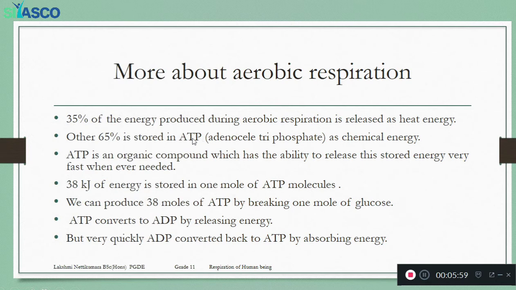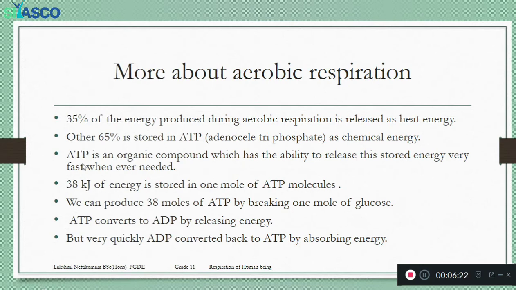Tri means three phosphate groups are there. Adenosine triphosphate holds chemical energy. What is the speciality of ATP? It is an organic compound and it has the ability to release this energy very quickly whenever needed.